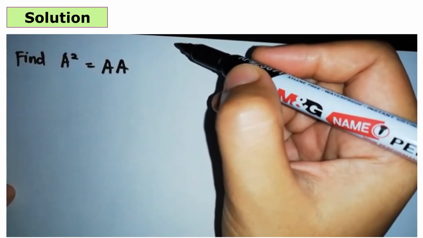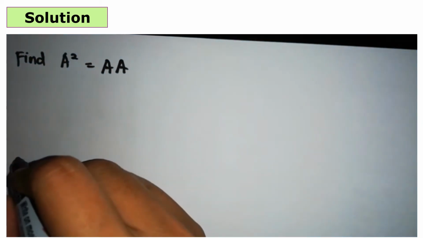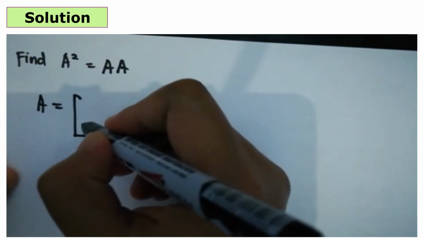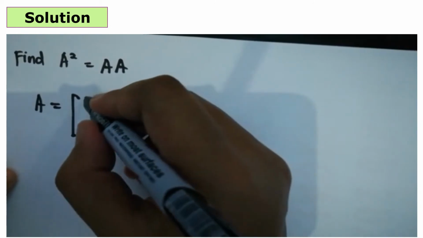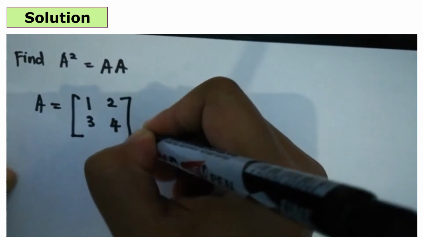So we have the matrix A equal to 1, 2, 3, 4.